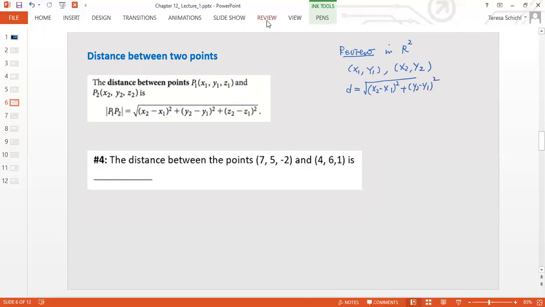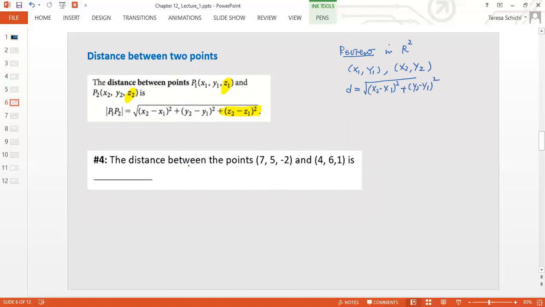Now in R3, basically we just have one extra coordinate, which is the z coordinate. So we follow the same formula as in R2, and then we just add the last coordinate: (z2 minus z1) squared, right? So you add them together. It's pretty simple.